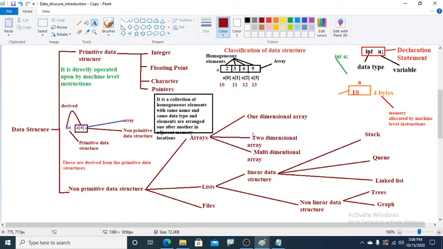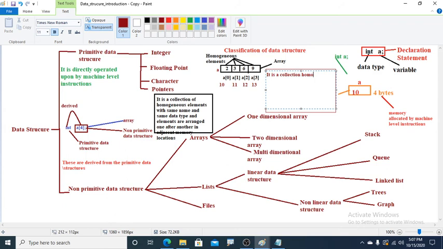So what do you mean by a one dimensional array? A one dimensional array is a collection of homogeneous elements with the same name and the same data type, arranged in one dimension.